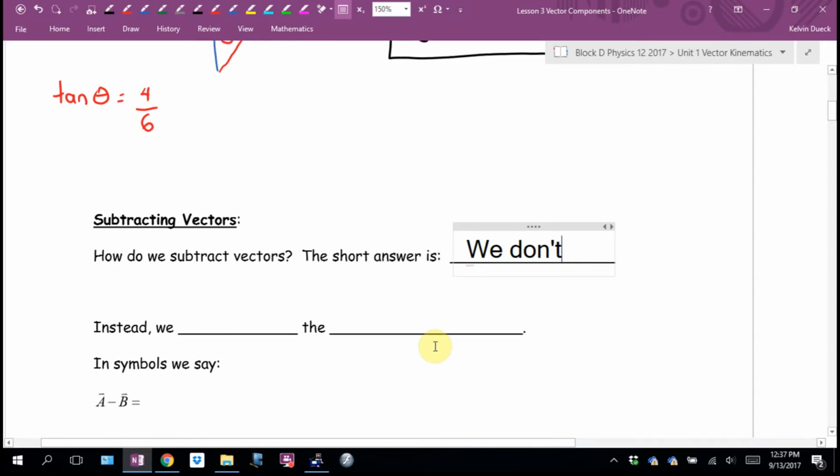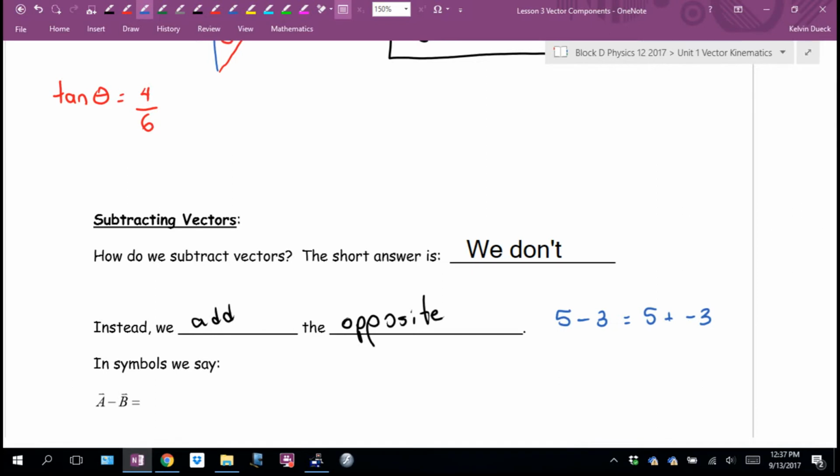So instead what we do is the opposite. We make use of this handy-dandy mathematical fact. 5 take away 3 is the same as 5 plus the opposite of 3. And you'll notice I phrased that carefully. I didn't say 5 plus negative 3.